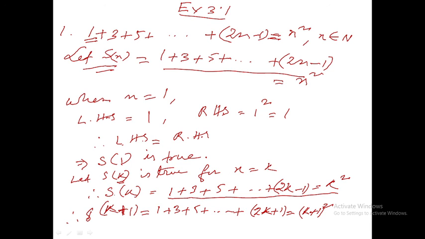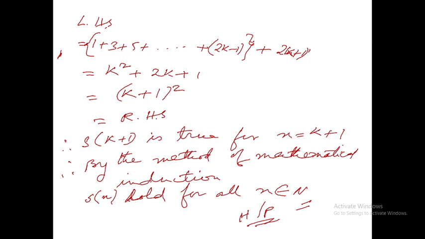Put k in place of n, and we get this equals k square. Therefore, you check the statement for k plus 1. In place of n you put k plus 1 and you simplify.